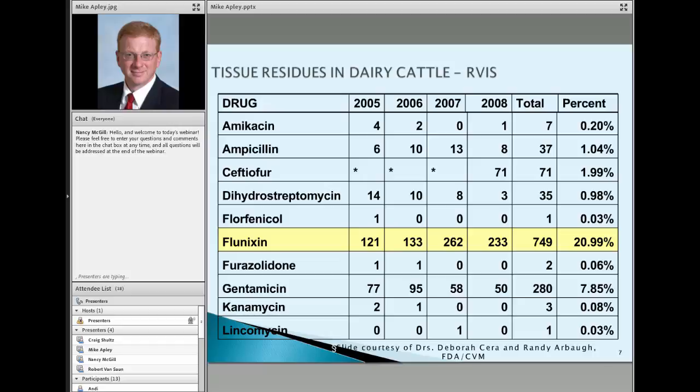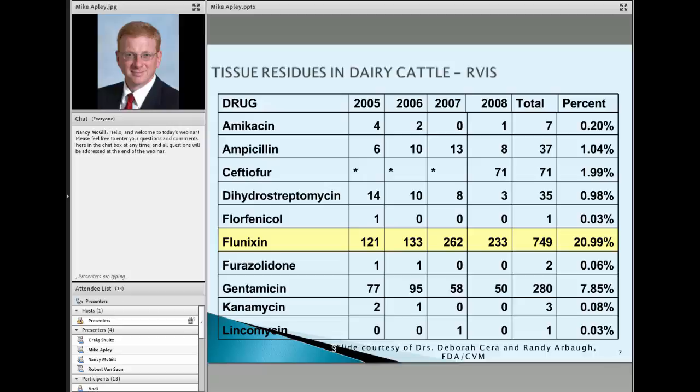Here's flunixin, 21%, and as has been pointed out, it makes up 21% of these residues over 2005 to 2008, even though it is only evaluated within the animals that are sent on for further testing because the initial antibiotic tests at the plant are positive.